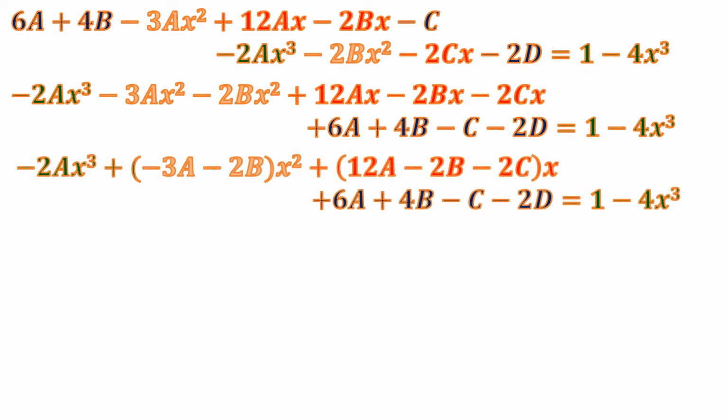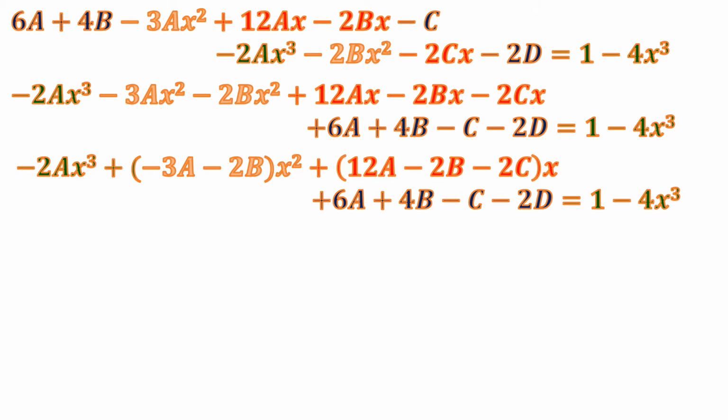So let's factor out the x squared. So we're left with negative 3a minus 2b. Let's factor out the x. So we have 12a minus 2b minus 2c, and the one without the x is at the bottom. So I intend to do that so that it's easier for us to equate.